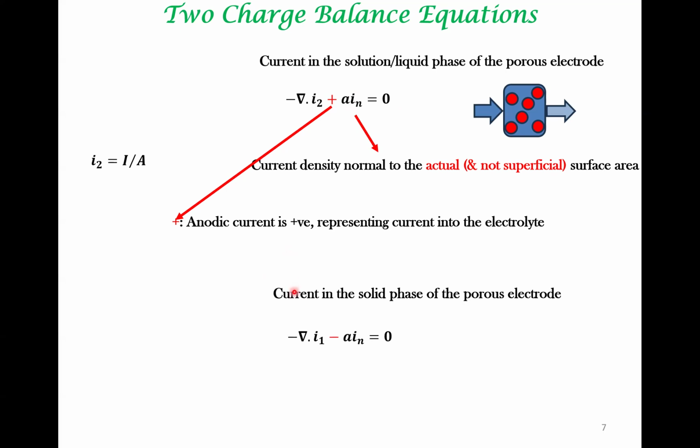Likewise, we can think about the current in the solid phase. As always, this current density is normalized with respect to the superficial area A. This term indicates the difference between two fluxes. Like we had two fluxes here, we have two fluxes in the solid phase associated with the porous electrode. That difference in fluxes is due to a volumetric charge generation term that is due to the interfacial electrochemical reaction between the electronic conductor and the electrolyte phase.